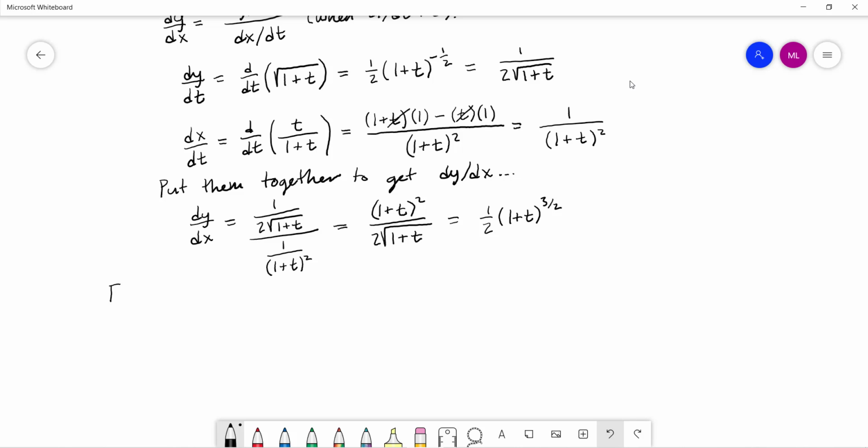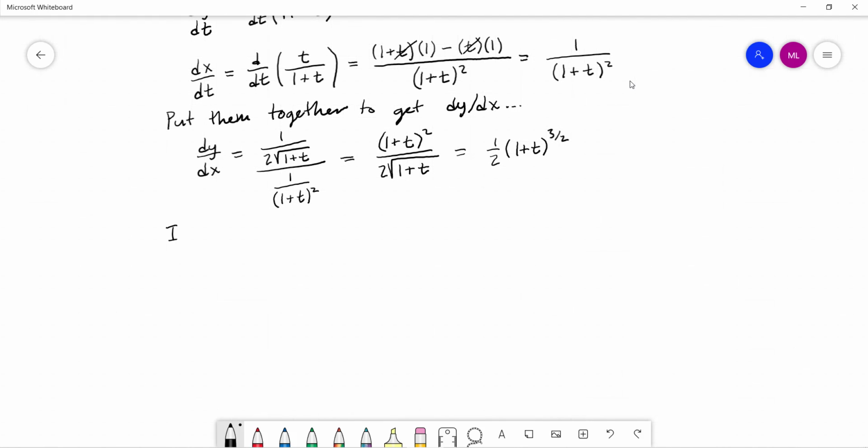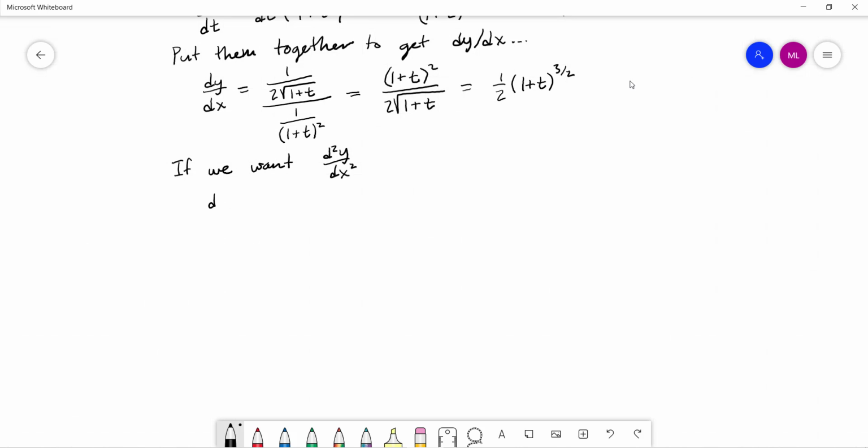Let's just say if we wanted the second derivative, d squared y dx squared, you'll recall, is d dt of dy dx over dx dt.